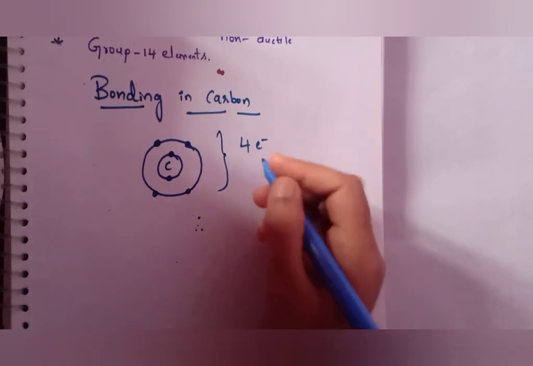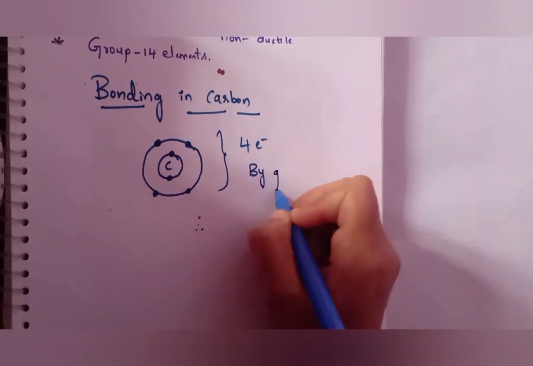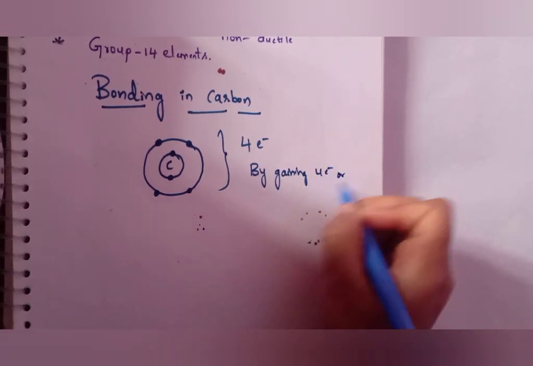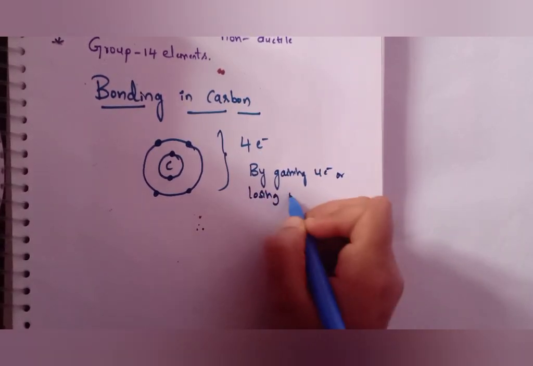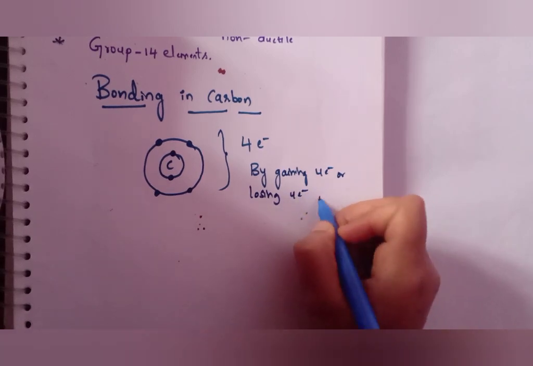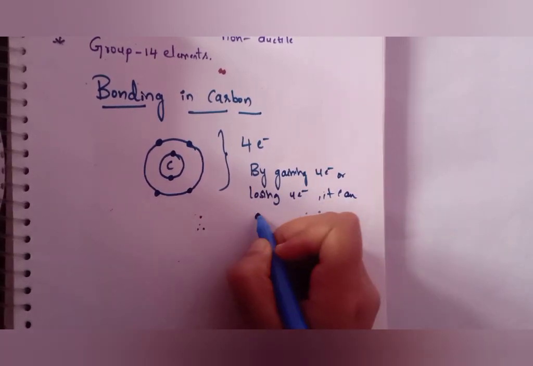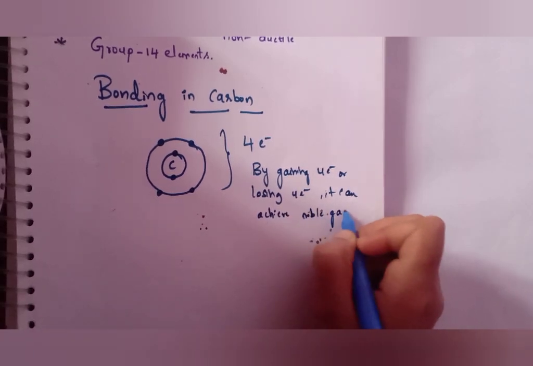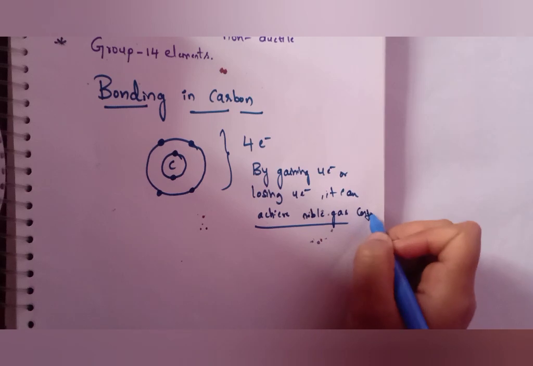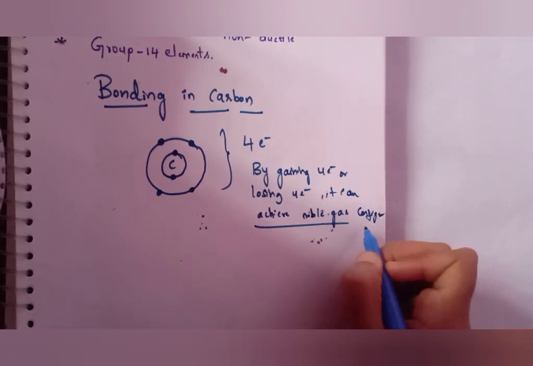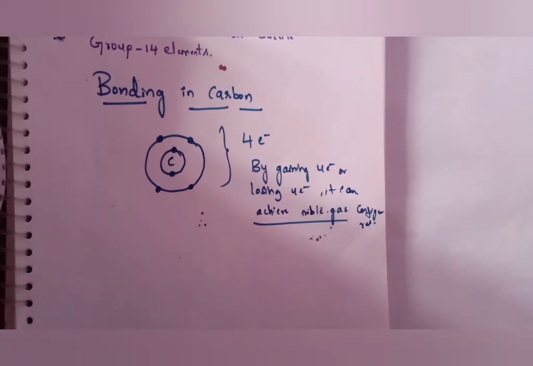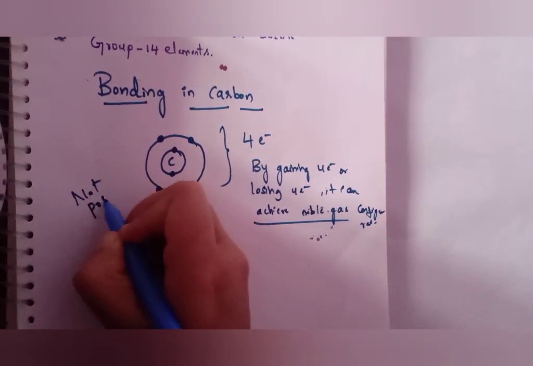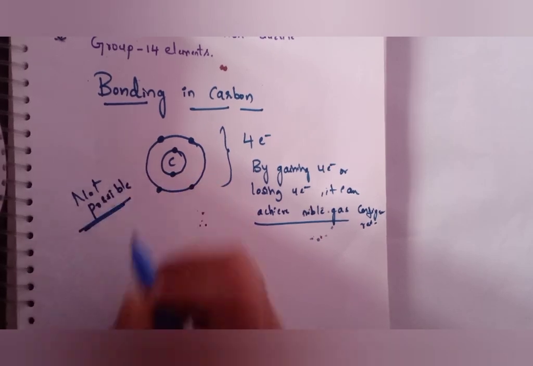So by gaining 4 electrons or losing 4 electrons, it can achieve noble gas configuration. But this is not possible. I will explain why this is not possible.